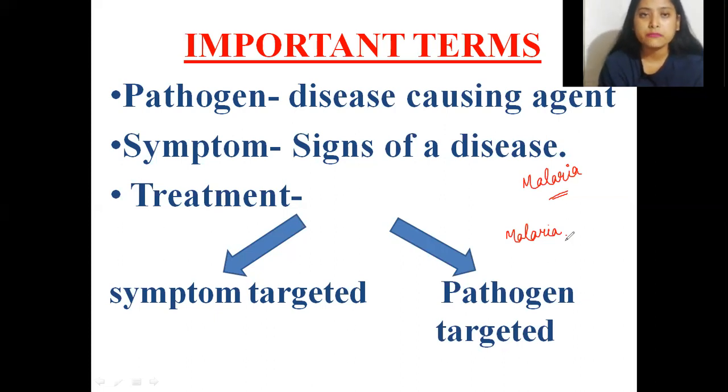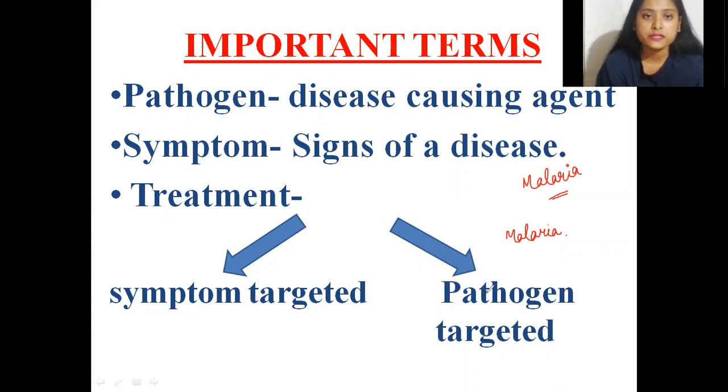At that time, if you take an antipyretic like crocin or paracetamol, you are using a drug which is symptom targeted, rather than being diagnosed or consulting a doctor. You are just focusing on the symptom you have encountered.